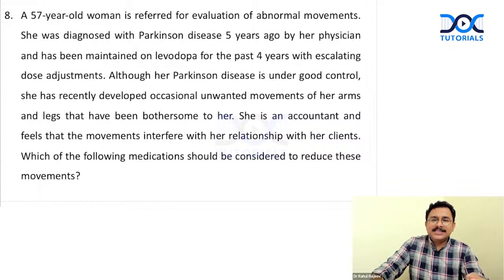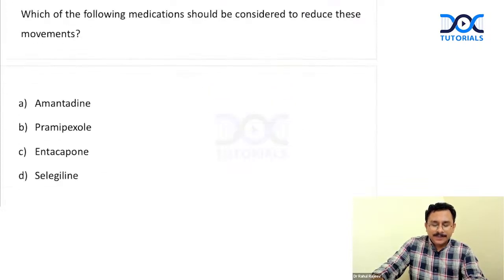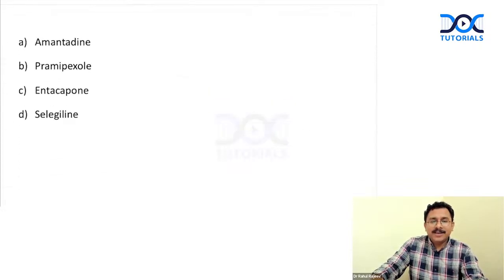Although her Parkinson's disease is under good control, she has recently developed occasional unwanted movement of her arms and legs that have been bothersome to her. She is an accountant and feels that such movements are interfering with her relationship with the clients. Which of the following medications should be considered to reduce these movements? Is it amantadine, pramipexole, entacapone, or salicylic?